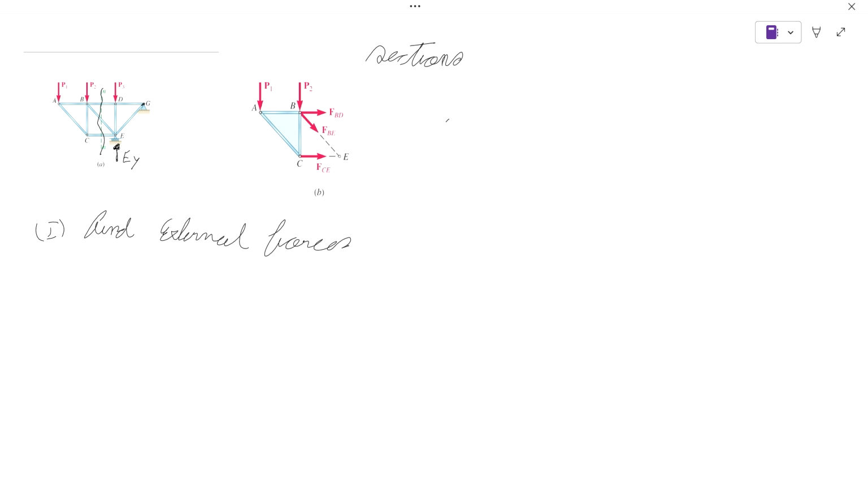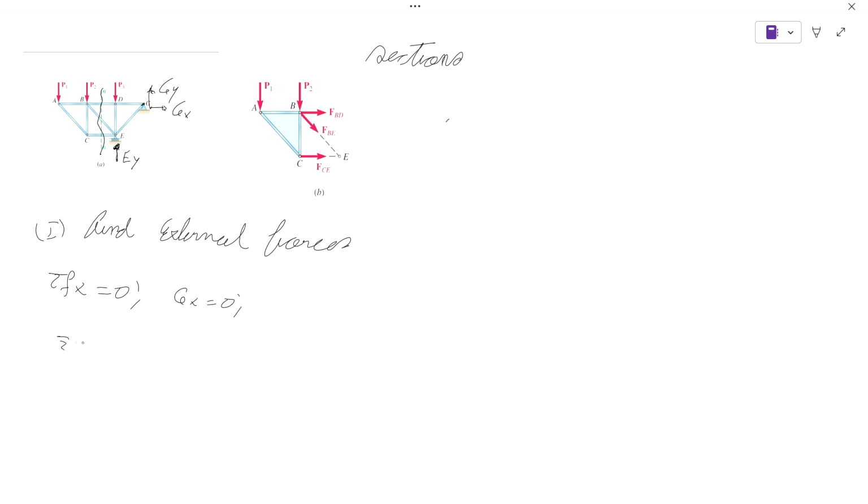So this one is a roller, so only Ey, there's no Ex, but this one is fixed, so we have Gx and Gy. And of course, they're given as P1, P2, P3. So from that, we can find Gx. There's no forces in x, so summation of forces in x equals 0. We know that Gx equals 0. There's basically no force in x, unless something else happens, like an earthquake or something.